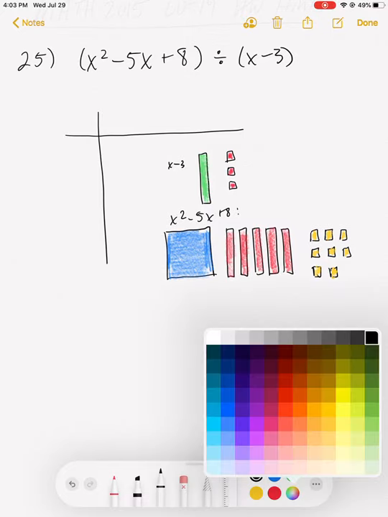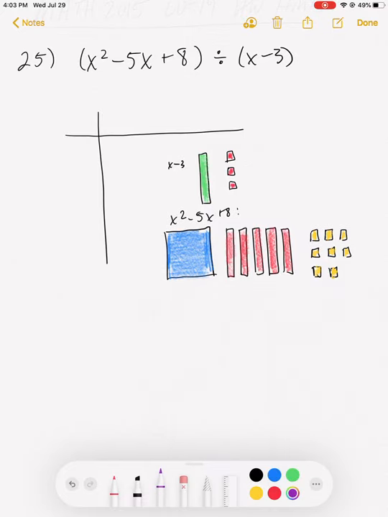I'm going to write it in purple: x squared minus 5x plus 8 divided by, because we're going to use the long division symbol, x minus 3. And we'll keep track of them as well. So my first step is all laid out, all my problems down.